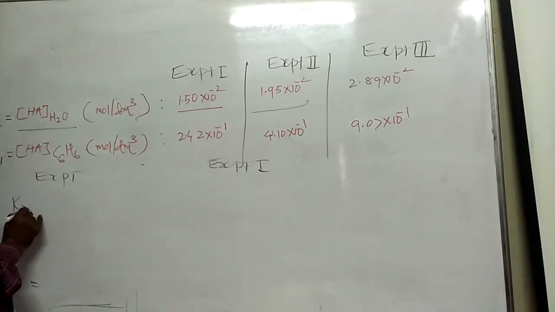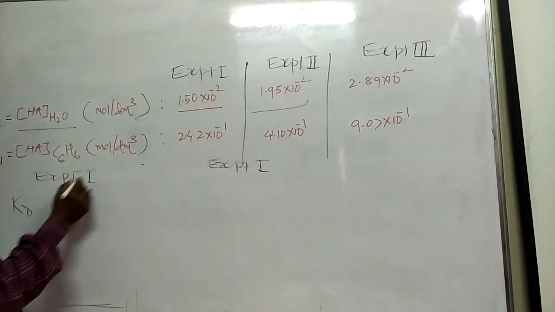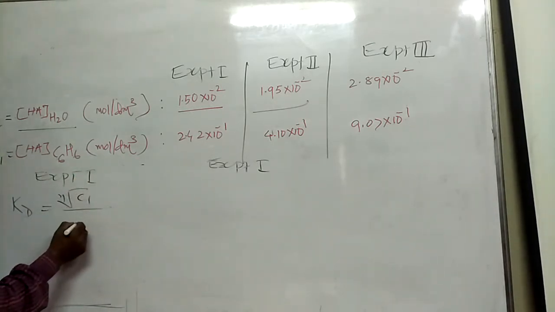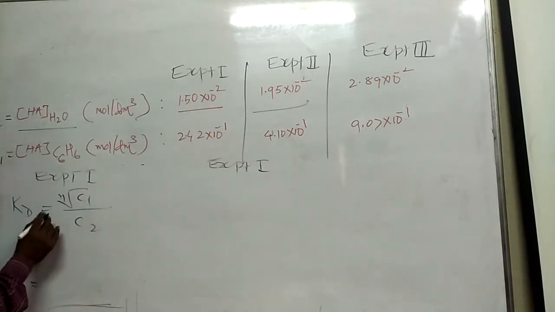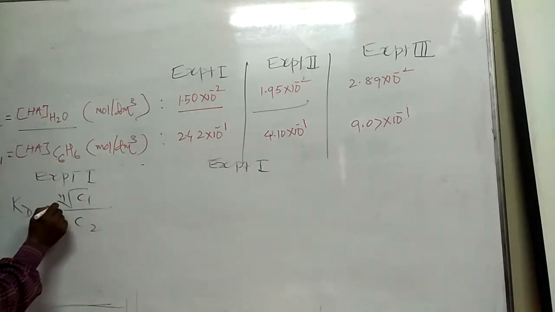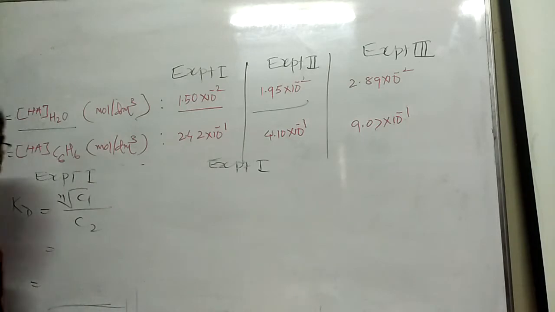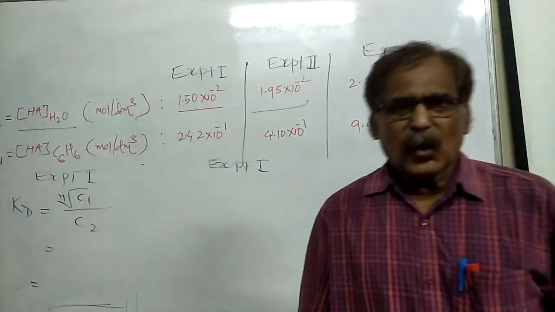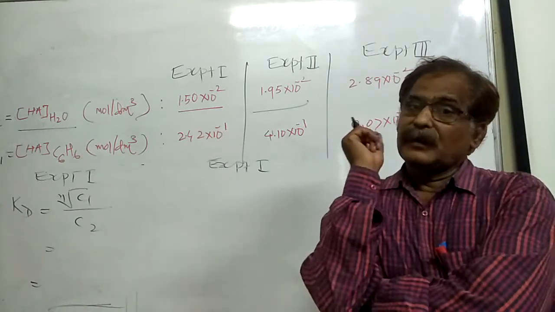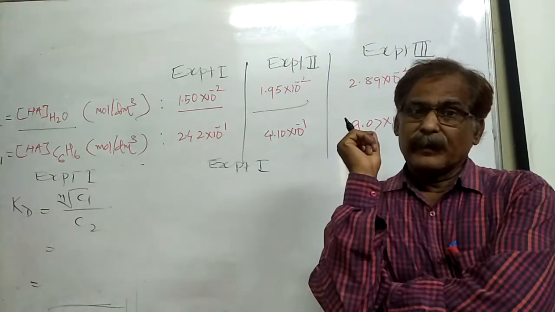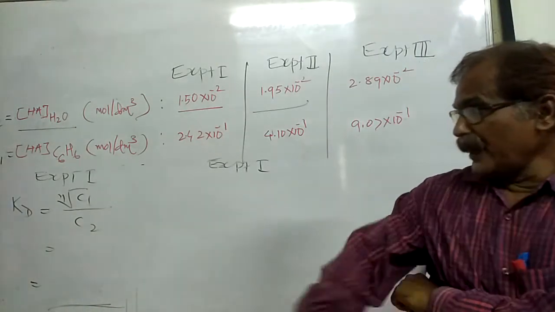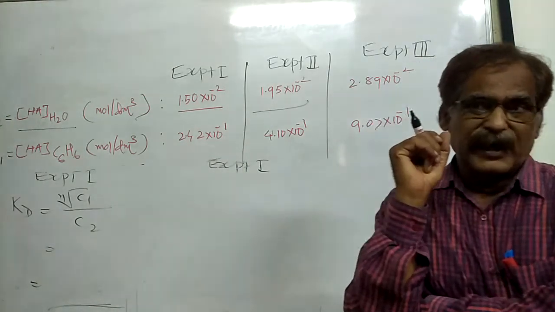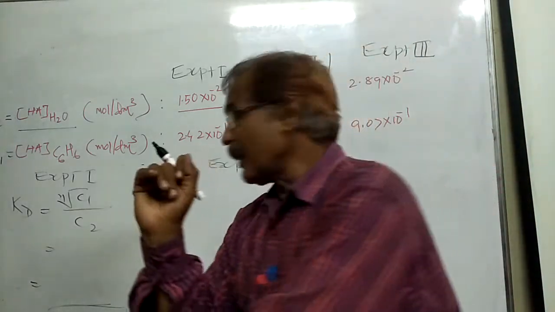So Kd in case of experiment number 1 will be equal to nth root of C1 upon C2, where C1 represents the concentration of organic acid in benzene, and C2 represents the concentration of organic acid in aqueous layer.